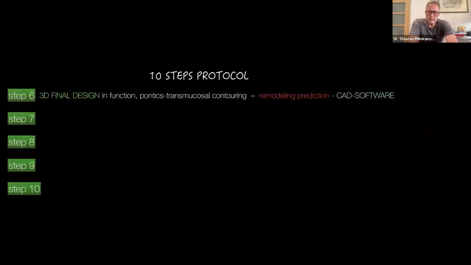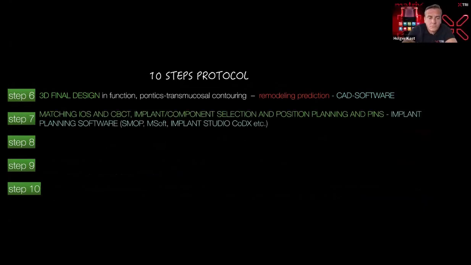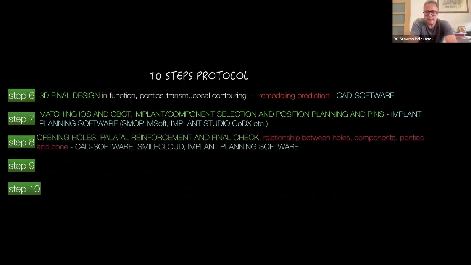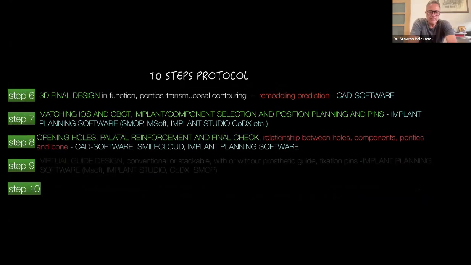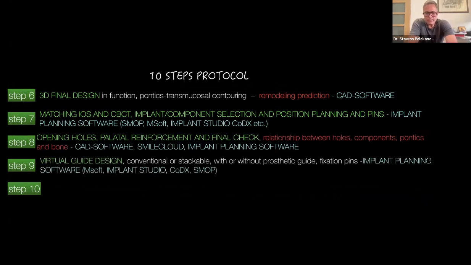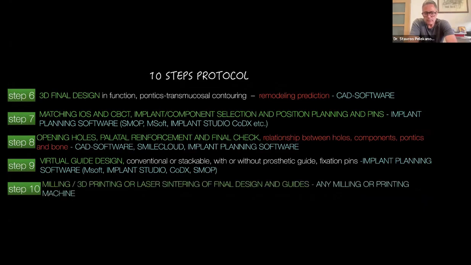Step number 6 is the 3D final design. Step number 7 is the implant software, which can be SMOP, soft, or whatever you want to use. Step number 8 is the final check. Step number 9 is the virtual guide design, and step number 10 is the actual milling or 3D printing.